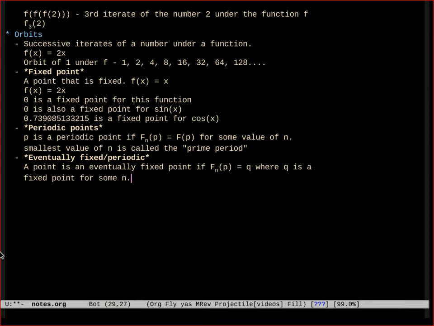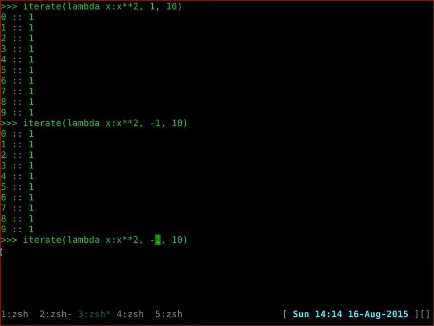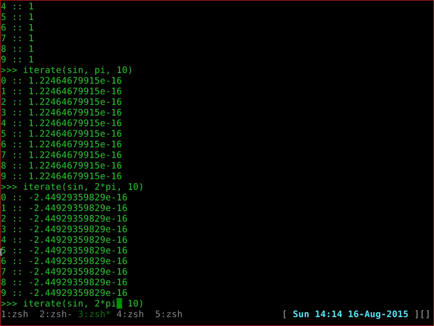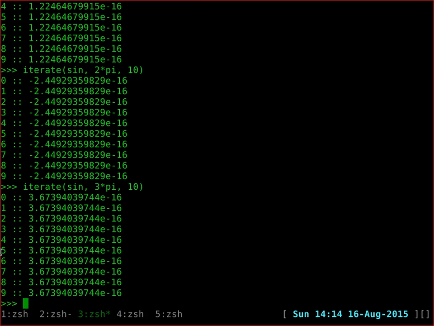So after a while they become fixed, they become periodic. Another example would be sine of pi, that would become 0 after a while. This is the same for 2 pi, 3 pi, etc. These are all very, very small numbers. It's just rounding errors because of which it doesn't look like 0, but for practical purposes it is.